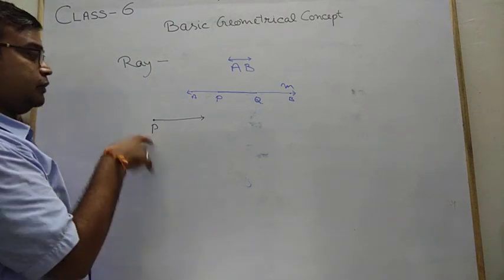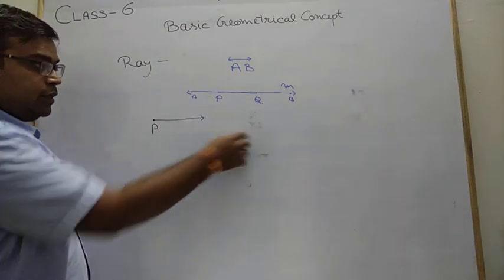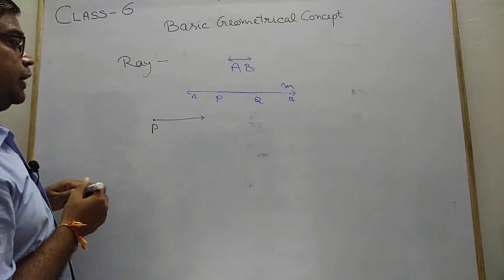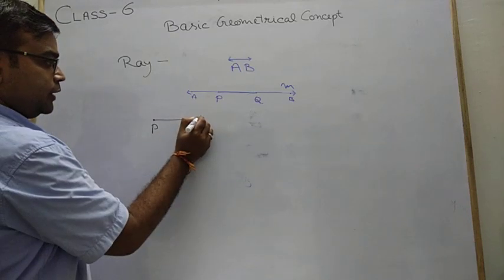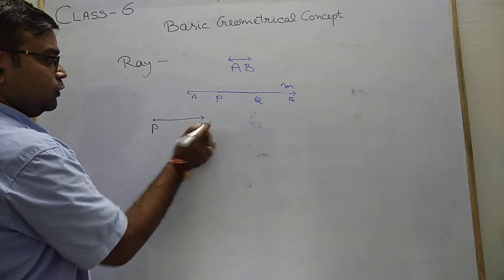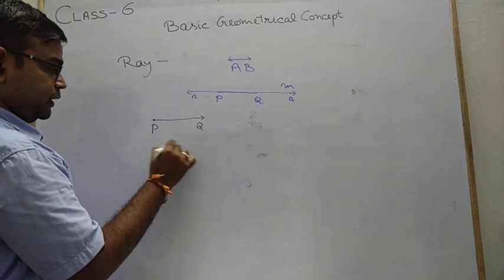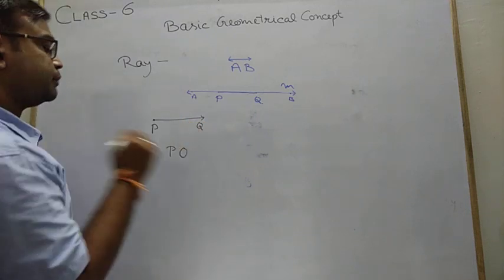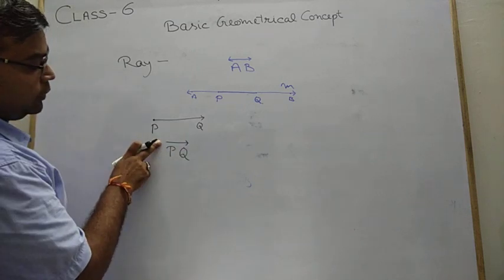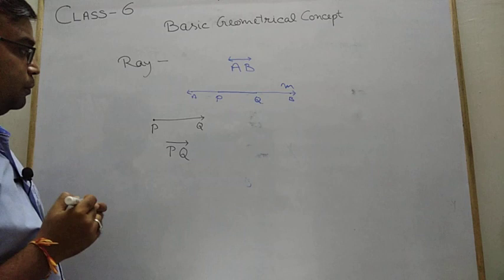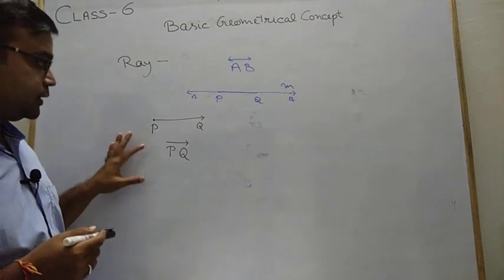This is the fixed one and it only extends in this direction. Such a condition is known as your ray. In this case we generally take the nearest point Q, and we can say that PQ is a ray, and use a symbol to represent a ray. This is the concept of ray.